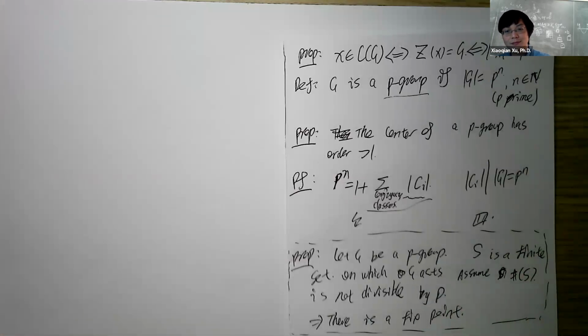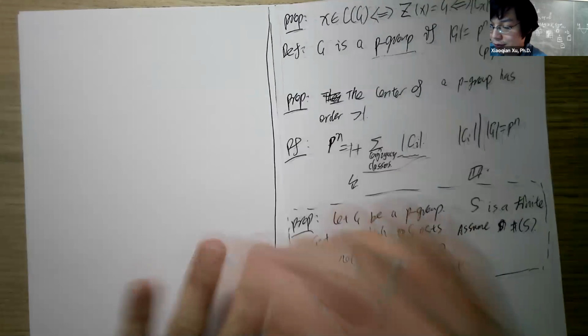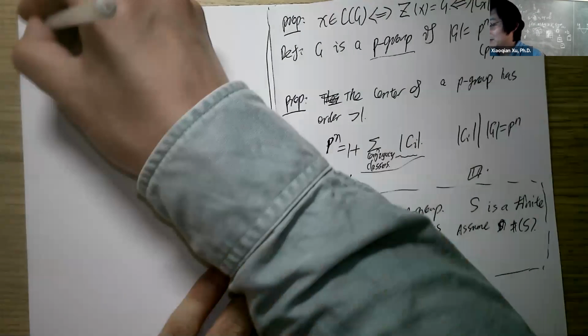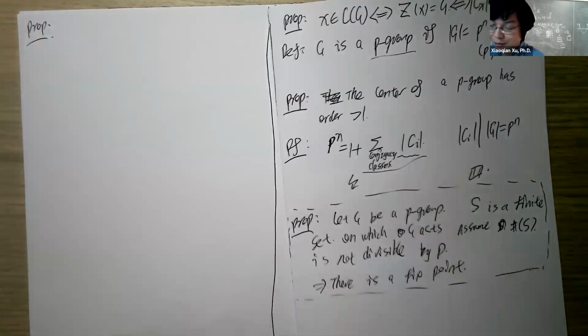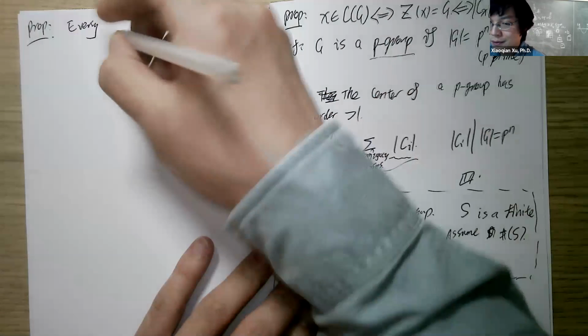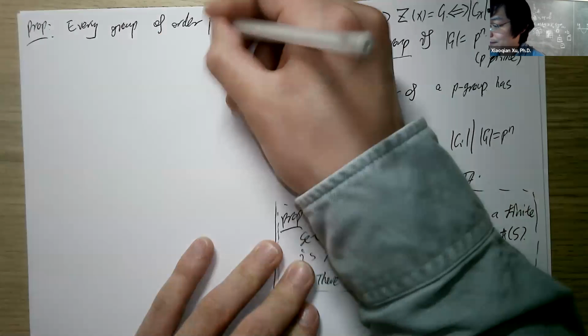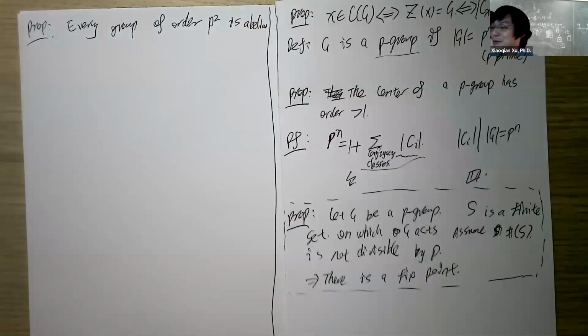Not lastly, we still have something I want to mention. Another corollary to this non-trivial center theorem about the p-group: every group of order p squared is abelian. If you know this, then you don't really need to say anything about your homework problem, right?